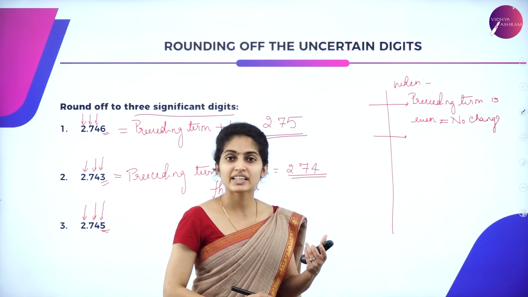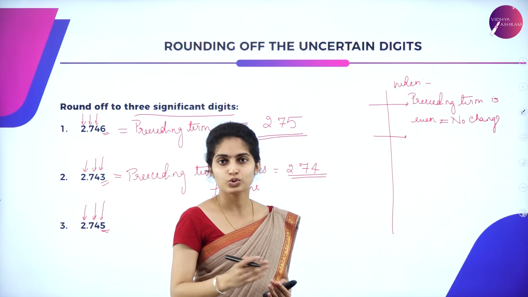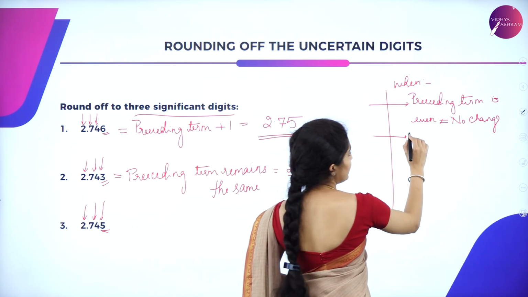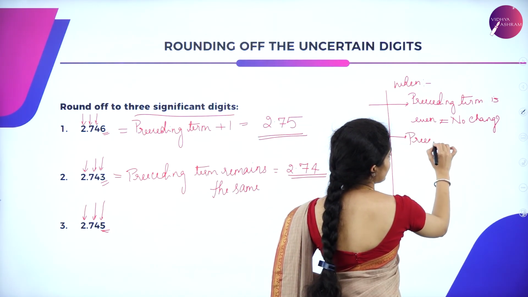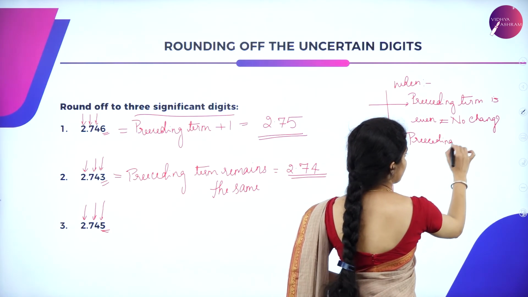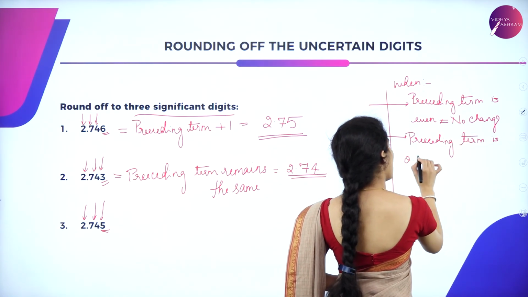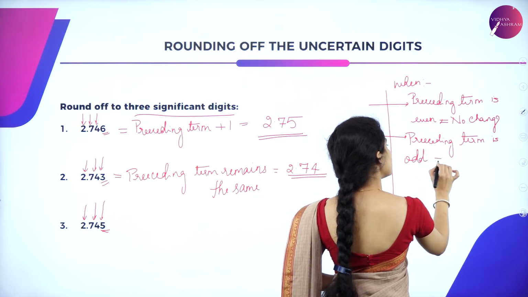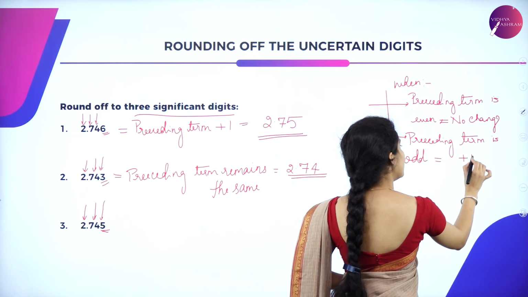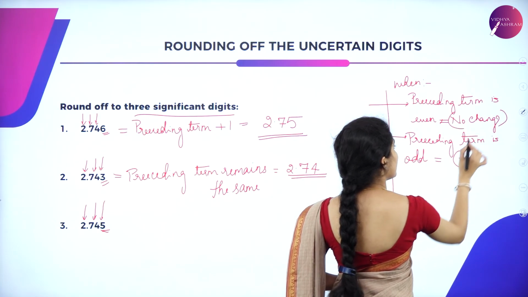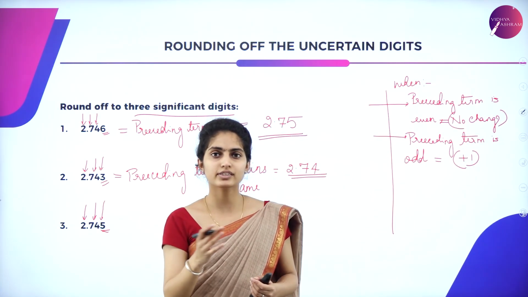When the preceding term is odd, it is raised by 1. No change when even, and it is raised by 1 when it is odd.